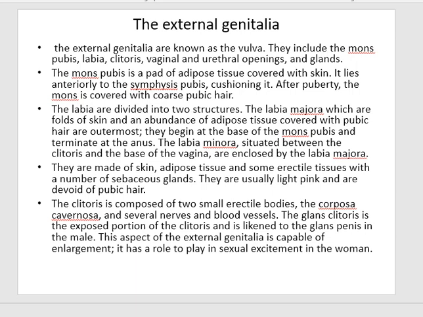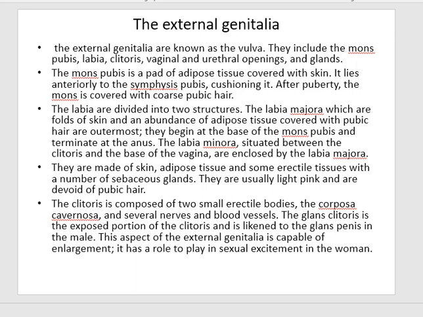The labia are divided into two structures. The labia majora, which are folds of skin with an abundance of adipose tissue covered with pubic hair, are outermost. They begin at the base of the mons pubis and terminate at the anus.